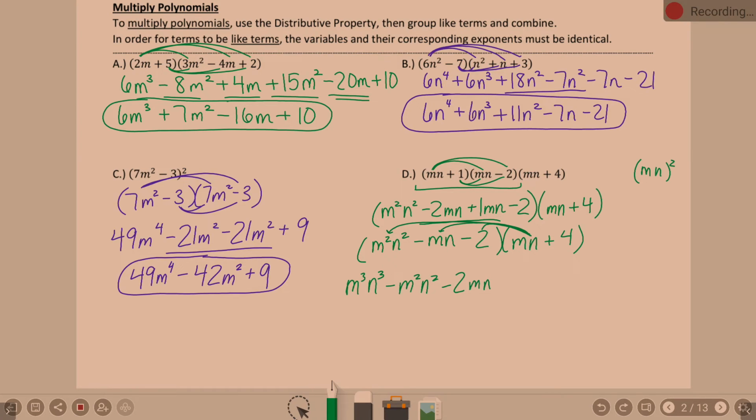Okay, we got the hard part out of the way. The other piece is just distributing the 4, yes? So 4 times m squared n squared, plus 4 m squared n squared. 4 times minus mn, minus 4mn. And 4 times minus 2, minus 8.